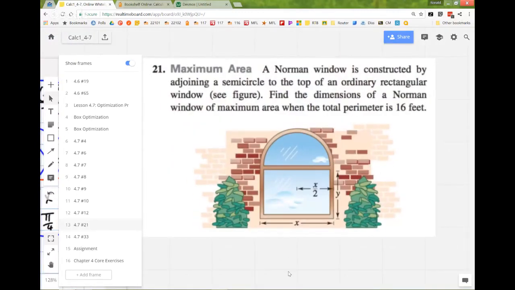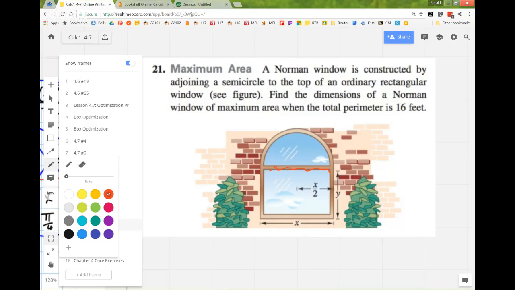So we've got a Norman window, which is what you see, a rectangle with a semicircle on the top of it. And for all practical purposes, you can ignore the cross piece here. You know, this little piece of wood. You can pretty much ignore that and think of the glass as all being together.